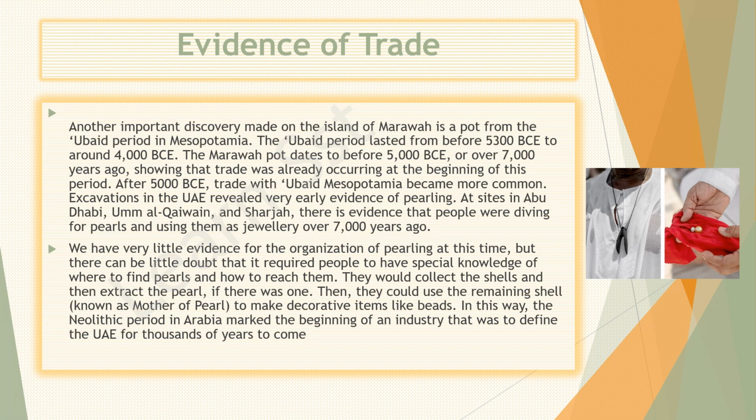Now let us see the evidence of trade. Another important discovery made on the island of Marawah is a pot from the Ubaid period in Mesopotamia. The Ubaid period was a prehistoric period of Mesopotamia. The name derives from Tell al-Ubaid, where the earliest large excavation of Ubaid period material was conducted.